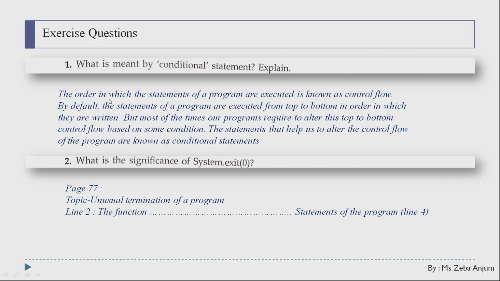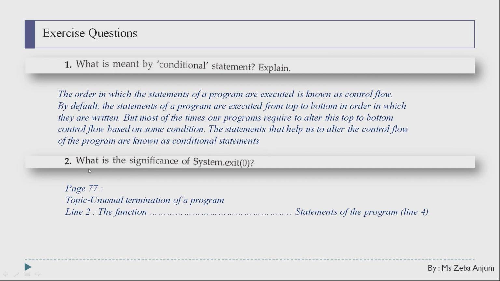So basically this is the answer. The order in which the statements of a program are executed is known as your control flow. By default, the statements of a program are executed from top to bottom in the order in which they are written. But most of the time our programs need to alter this top to bottom control flow based on some condition. The statements that help us to alter the control flow of the program are known as your conditional statements. So all these lines you have to write down.